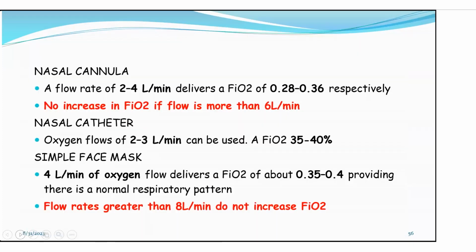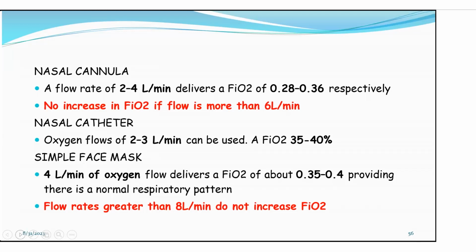So we have talked about the devices. The only thing I would say is that a nasal cannula at 2 to 4 liters per minute gives you 28 to 36% of oxygen. Even if you increase it to 6 liters, it does not increase more than what it is required to give.